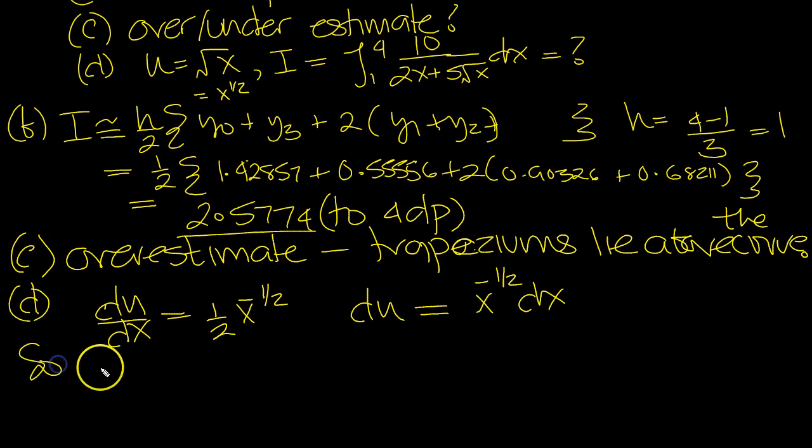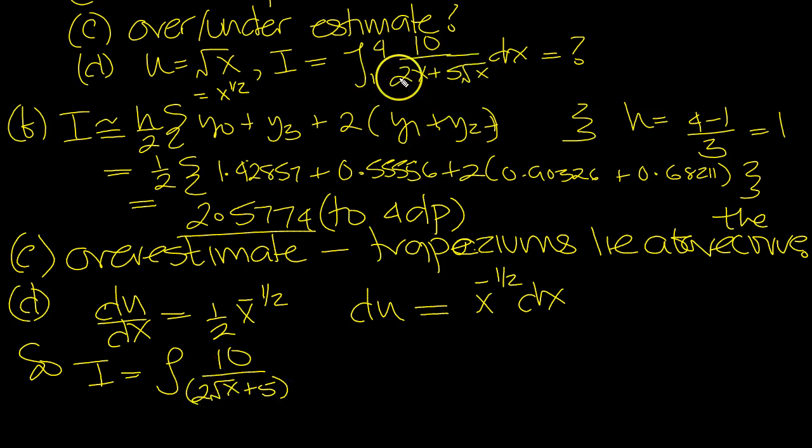So I is equal to the integral between 1 and 4, 10 over. Now I'm going to take a root x outside, and I'm going to be left with 2 root x plus 5. If you think about it, take a root x out, and the dx over root x will be this part here.